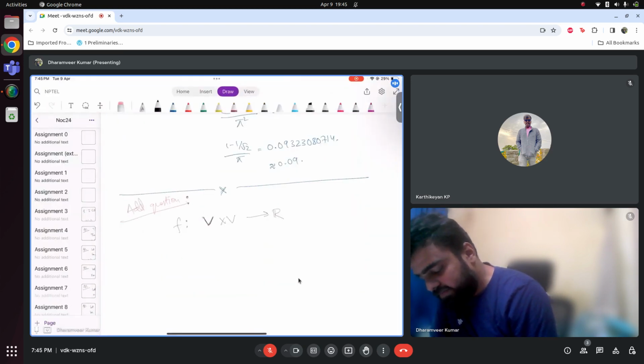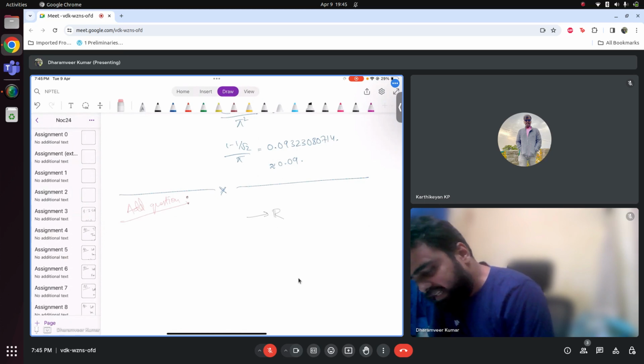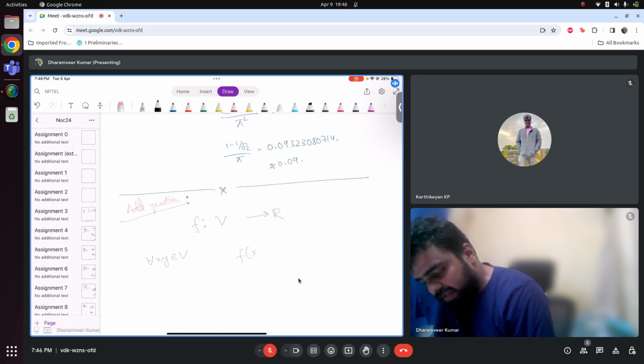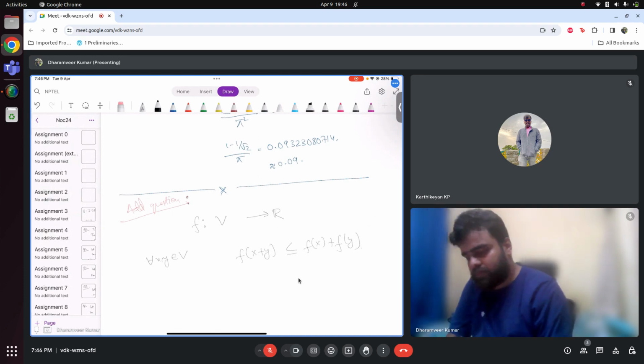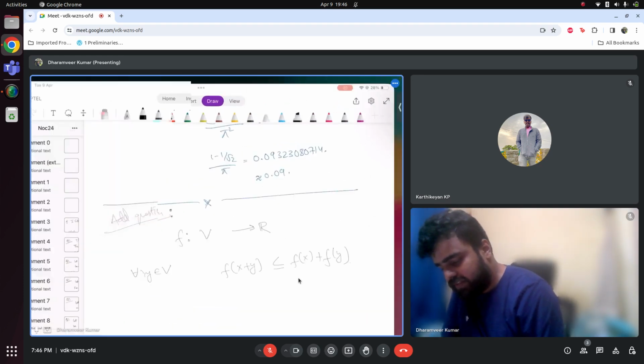A norm doesn't take two, it's not an inner product. It takes a vector and gives a real number. What we have to show is, for all x, y in V, f of x plus y is less than or equal to f of x plus f of y. This is the first property.